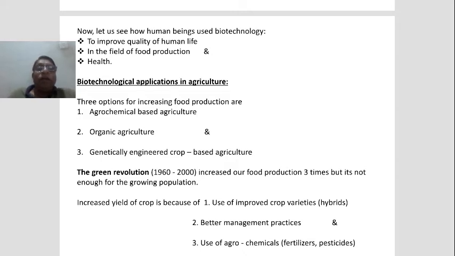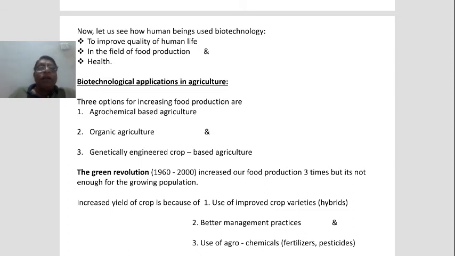One is organic agriculture. Second, agrochemical based agriculture. And lastly, genetically engineered agriculture. That is genetically engineered crop based agriculture.